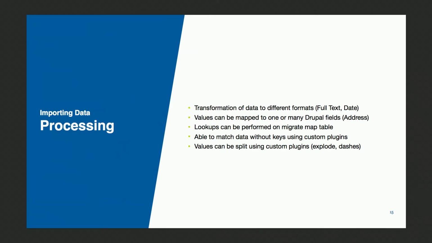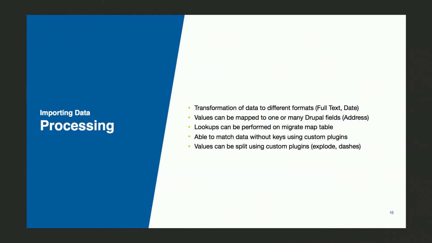As an example, we had to do that with category taxonomy terms. In the old system, it had the old system ID, and in Drupal, it has its term ID. So we had to match data just on the string of text for that term. So we didn't have keys. We just could match it by doing a database query for that, and then properly get it processed.